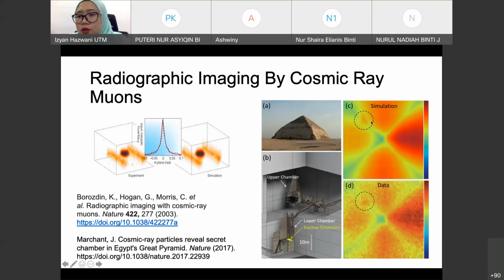They wanted to investigate what this region inside the pyramid is. They got the same data, and it turned out to be a hidden chamber inside this pyramid. So they finally obtained this value.